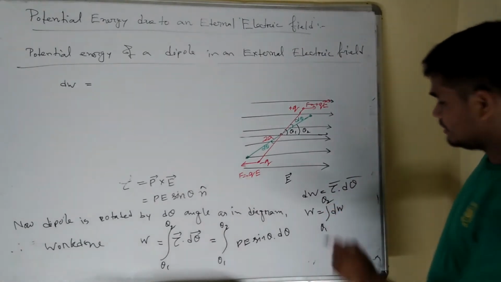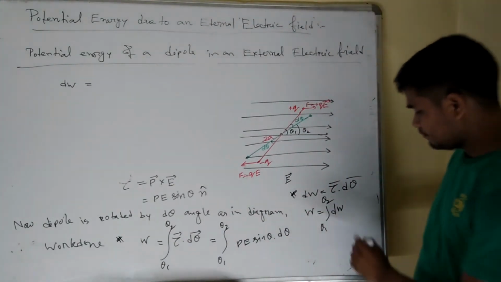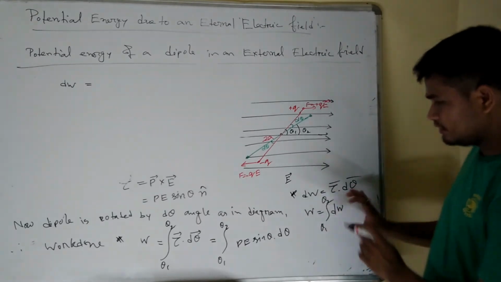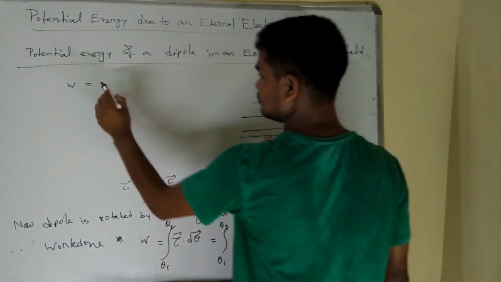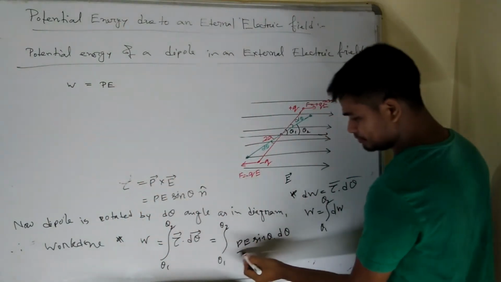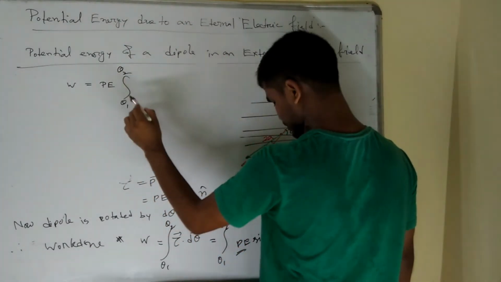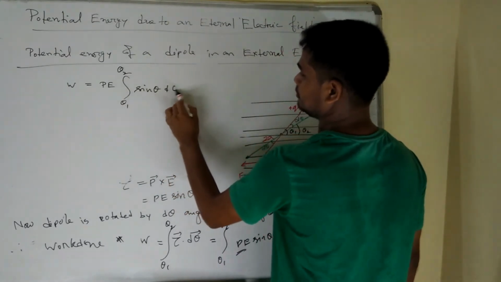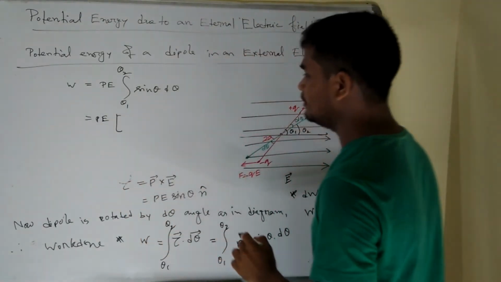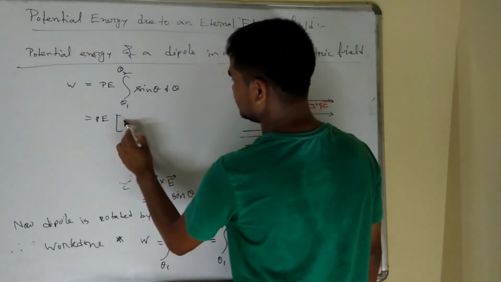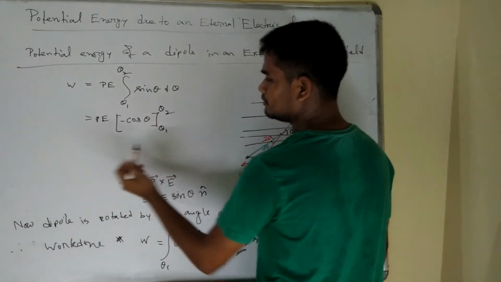Okay, please write down. Work done is equal to PE, where P and E are constants and come out of the integration, times the integral of sin theta d theta. The integral of sin theta d theta is minus cos theta, evaluated from theta 1 to theta 2.